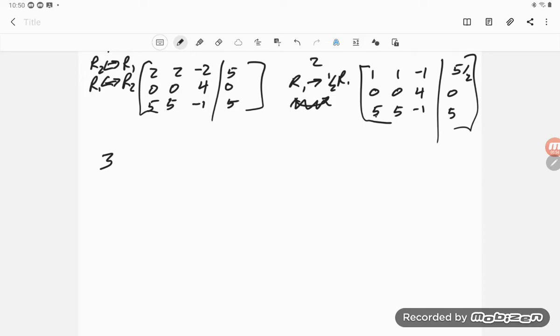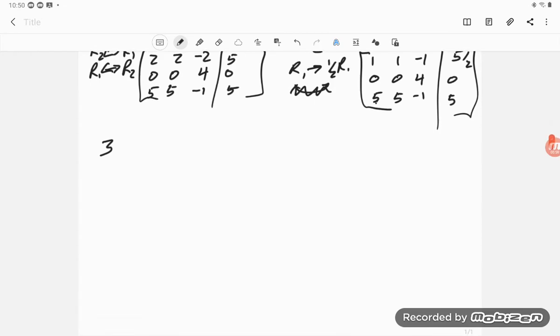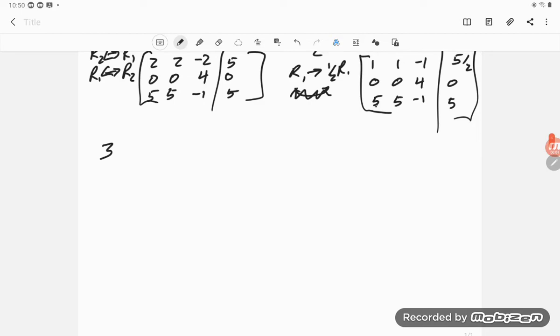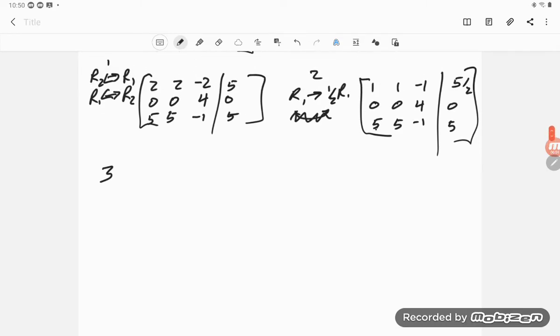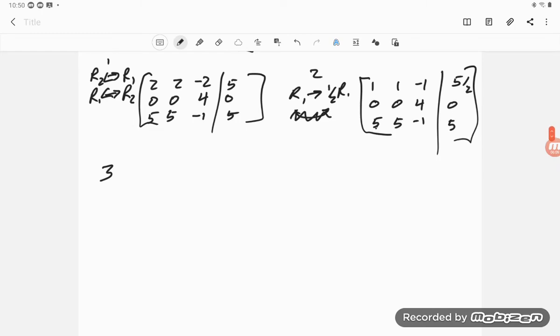And so what we could do is take -5 times row 1 and add it to row 3, and then put that back into row 3. So we aren't going to do anything with the first two rows. 1, 1, -1, 5/2, 0, 0, 4, and 0.